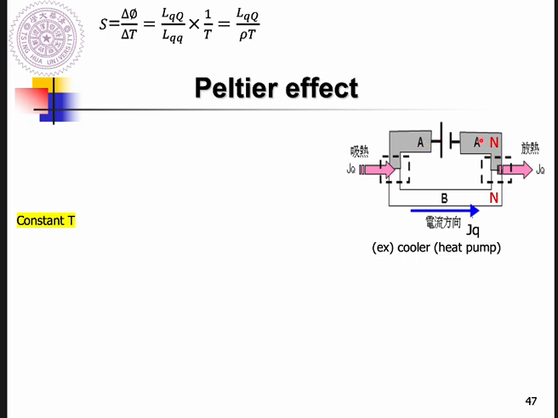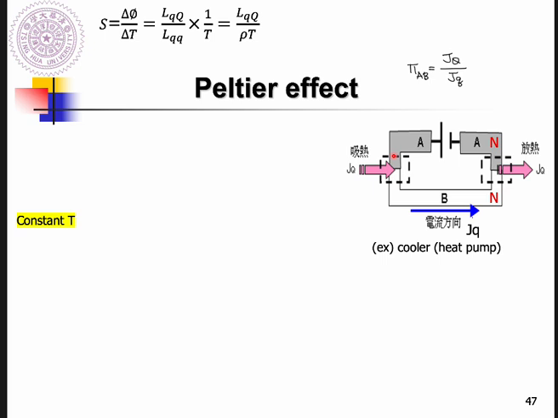And material A and B are N-type materials. Also, just write down the Peltier coefficient. As you imagine, this is a battery, so I try to draw the direction of the current flow. Let's go this way, and this way, and this is a material.